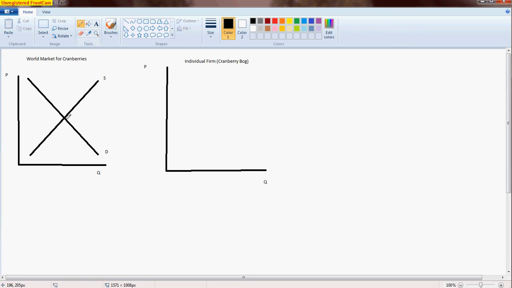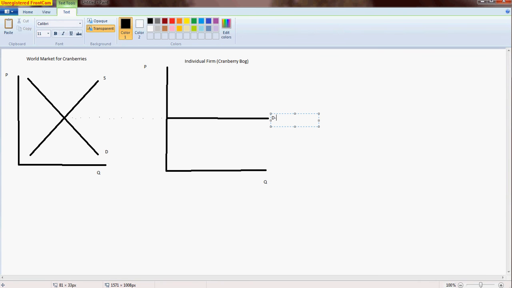So we'll use the pencil tool and come right over here and draw a somewhat straight line to get to the price, which is going to actually end up being the demand curve for the individual price taker firm. So we'll label this, and it's going to be the demand curve, which is also equal to the marginal revenue.